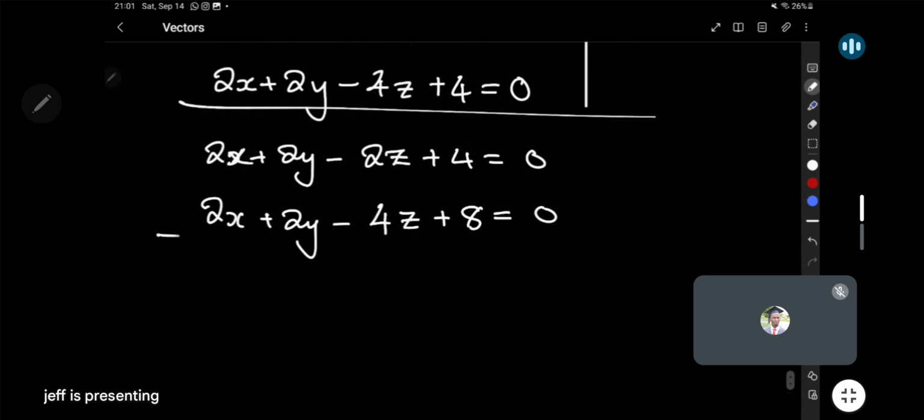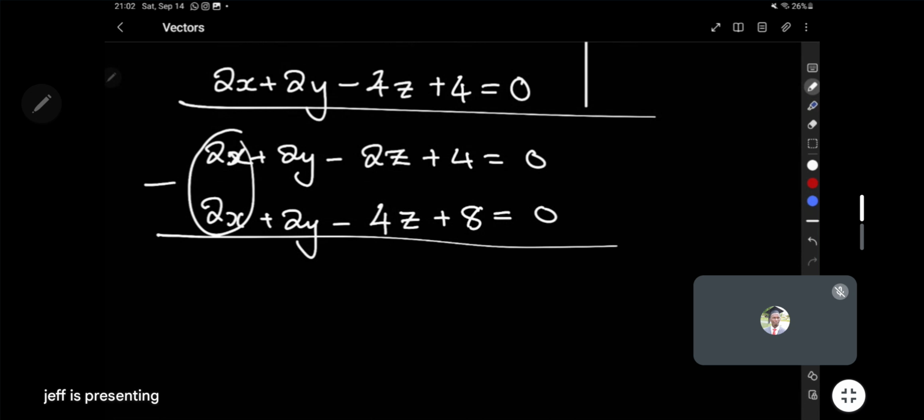Okay, now if we subtract, what do we see? When we subtract, we see that this will be 0, this will be 0, and this would survive. What are we going to get there?